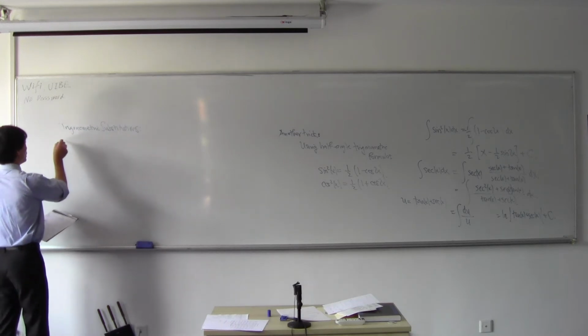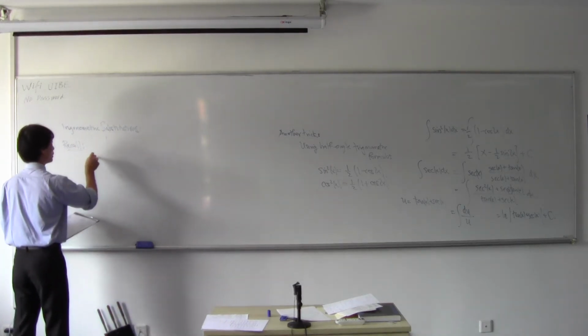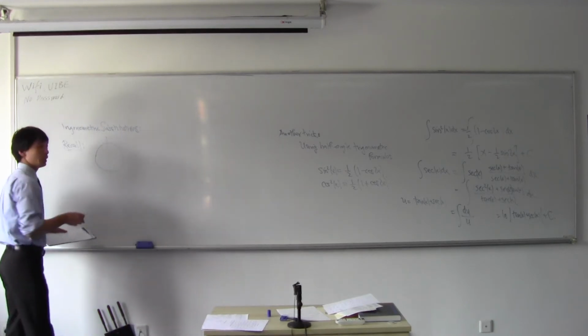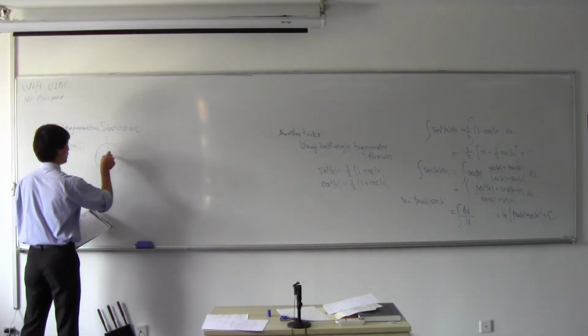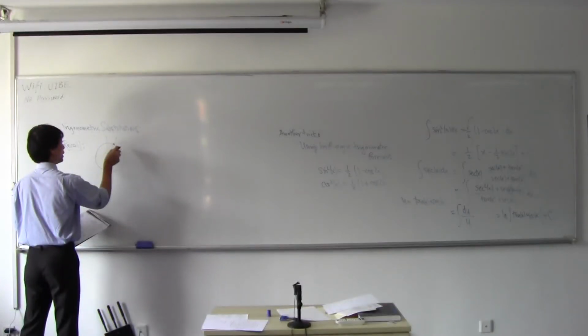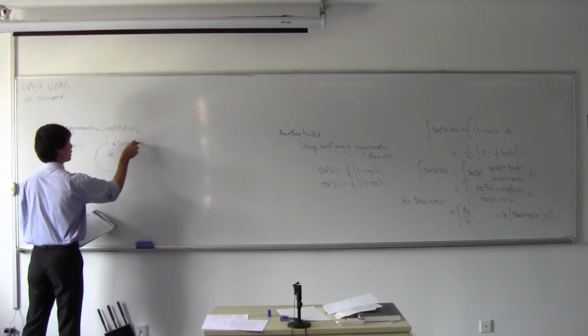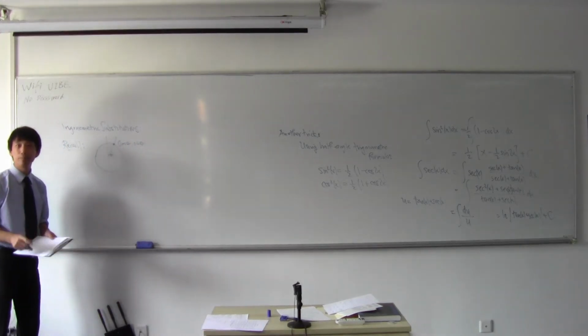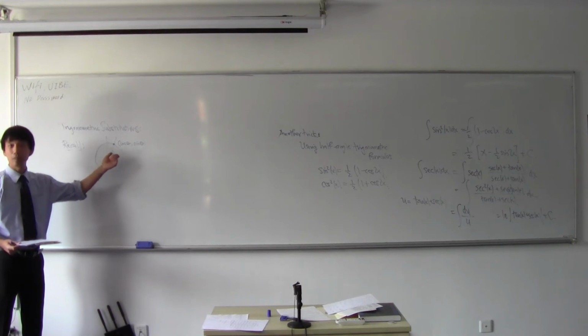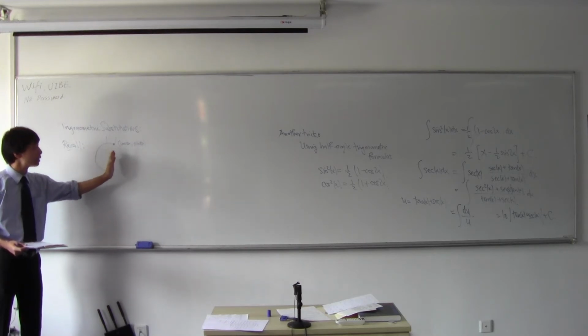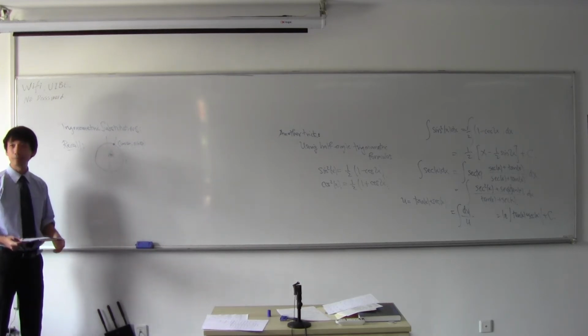So let's recall, you have the unit circle, and you have some angle theta. Then this point has coordinates cosine theta, sine theta. That's what cosine and sine mean: they're the coordinates of a point on the unit circle.